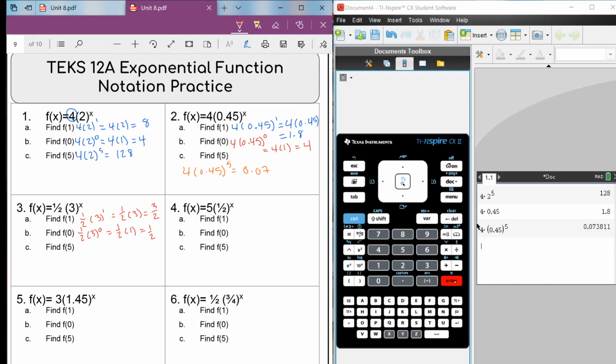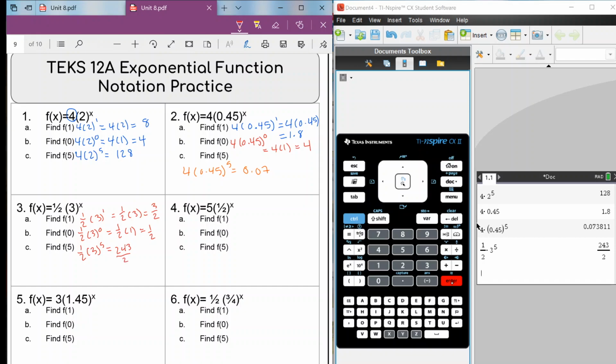And then if you plug in 5, we have 1/2 times 3 to the 5th power. I typed it in my calculator, 1 over 2 parentheses 3 to the power of 5, and it's 243 over 2.